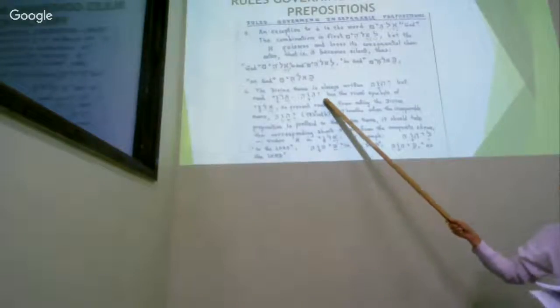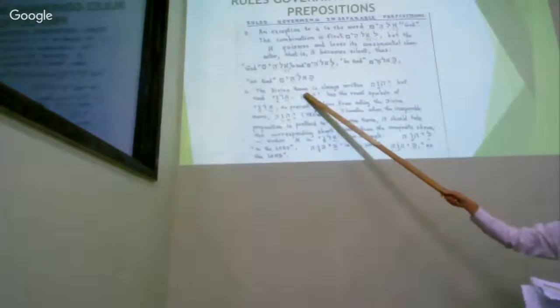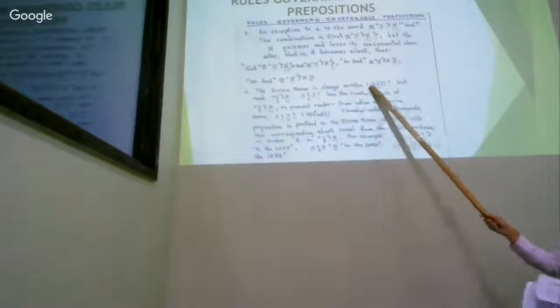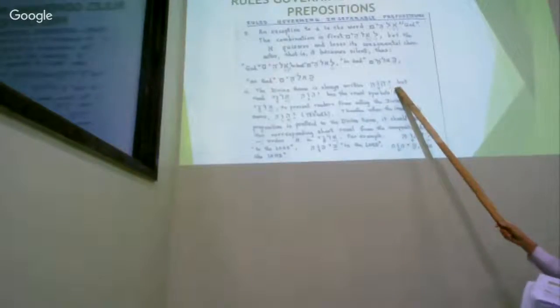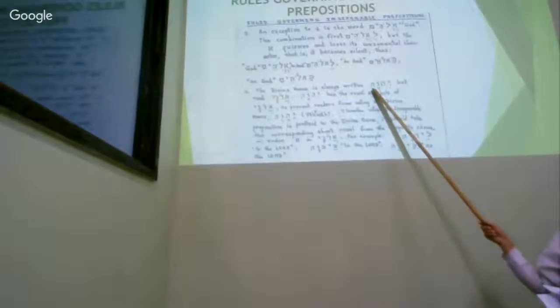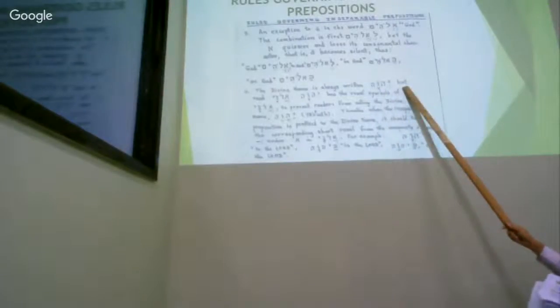Now here is something else. The divine name, that is the personal name of God in Hebrew, is always written in the Hebrew Bible like this: Yehovah, from which we get Jehovah in English.